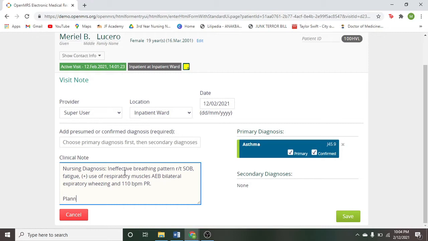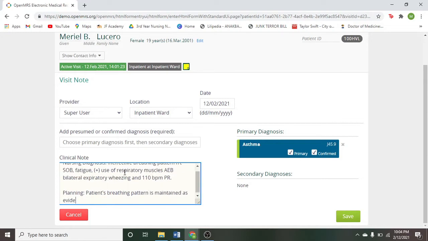Next is to place the planning process, which is the patient's breathing pattern is maintained as evidenced by normal lung sounds and regular respiratory rate or pattern after 3 days of nursing interventions.